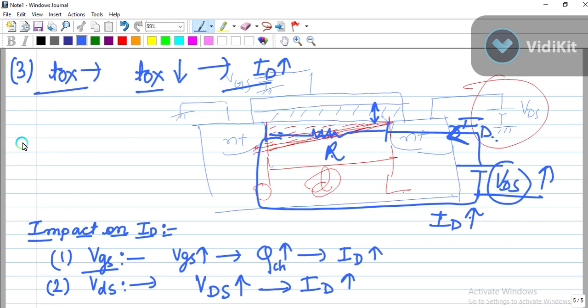Now the fourth is width. Width means this, this is the 3D picture.